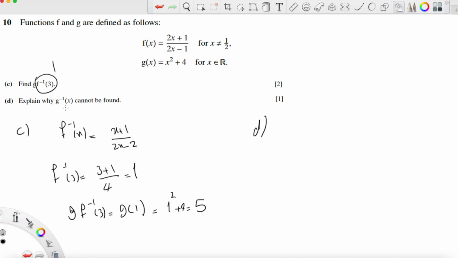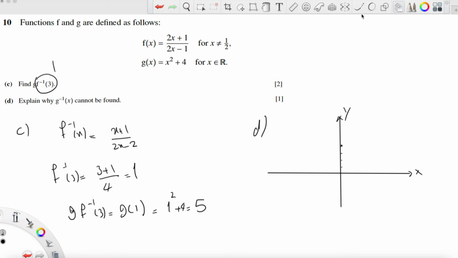Part D says explain why g inverse of x cannot be found. So x squared plus 4 is actually such a graph, x axis, y axis. The graph of x squared is a parabola, a smiley face, 4 units up, so 1 2 3 4.